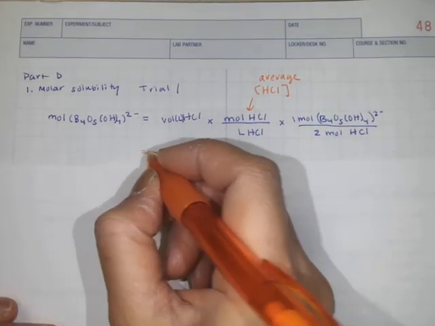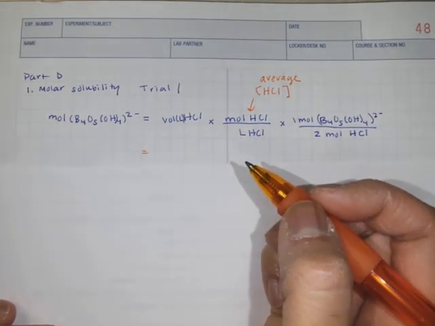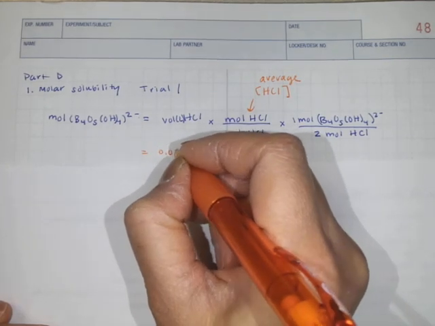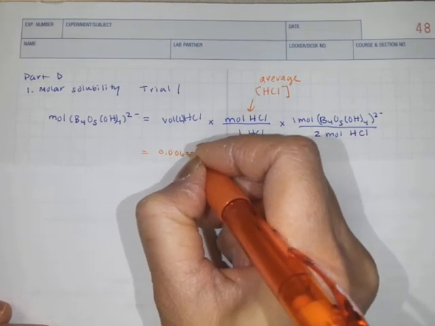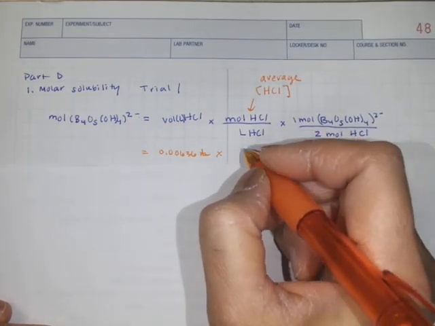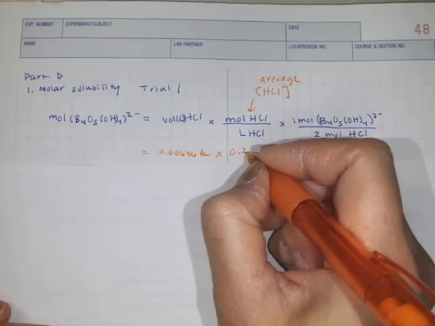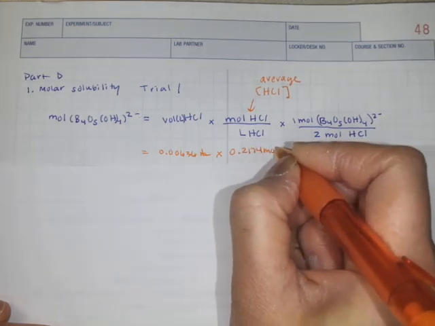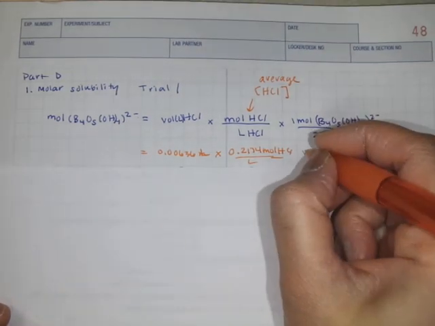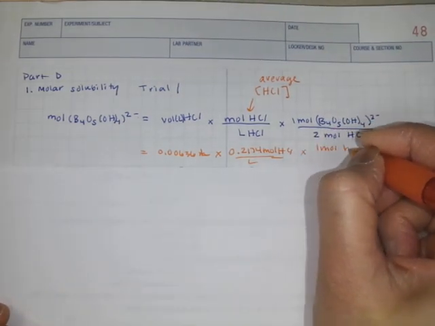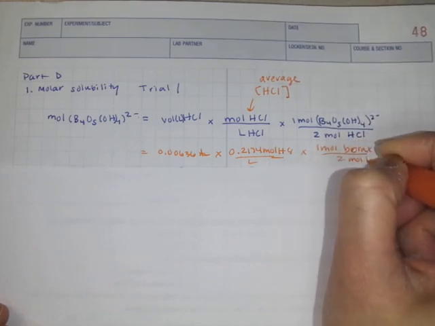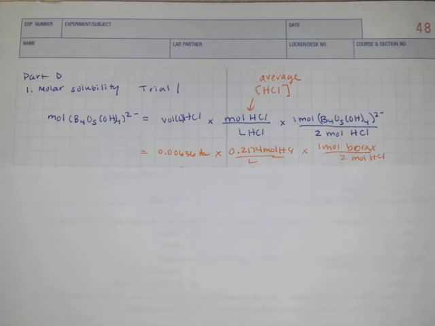Fill in my values here. The volume of HCl I used for the first trial, which was my cold one, was 0.00636 liters, and my concentration average was 0.2174 moles per liter of HCl, and that is times 1 mole of borax over 2 moles HCl.